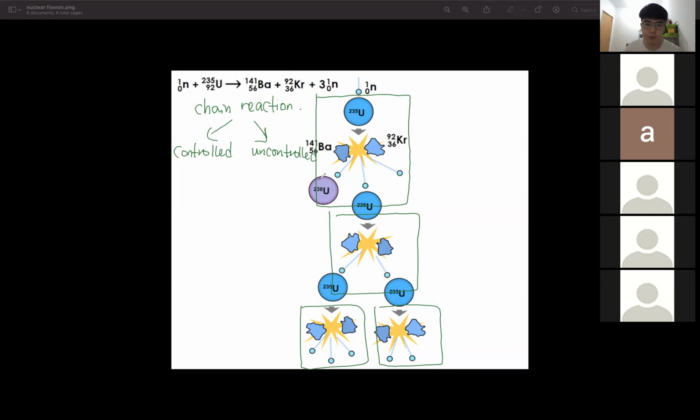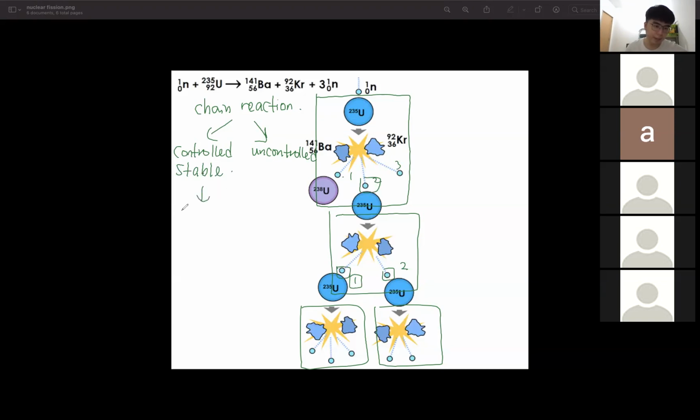For example, 3 come out, maybe only 1 hits another nucleus, and then 3 come out again and also only 1 triggers. In every fission, only 1 neutron triggers another one. That is a stable controlled chain reaction.